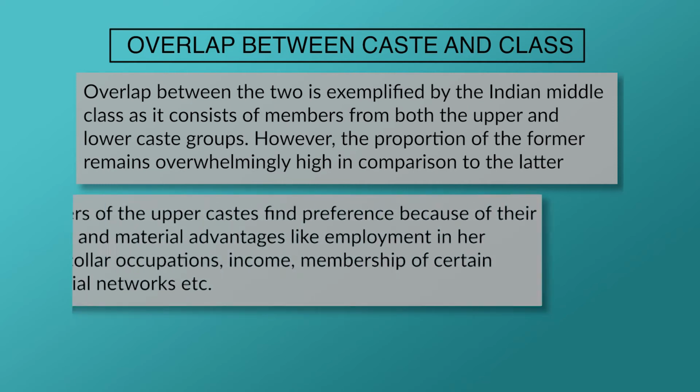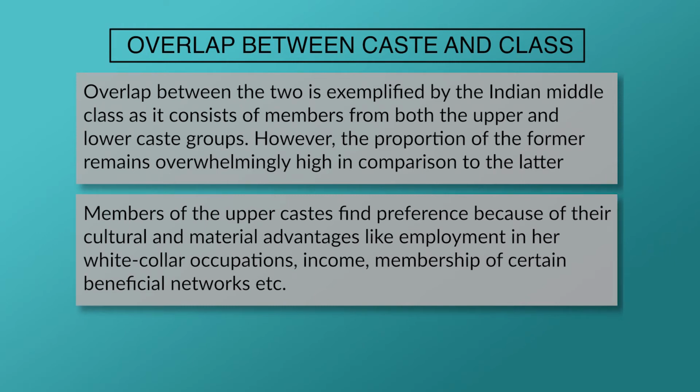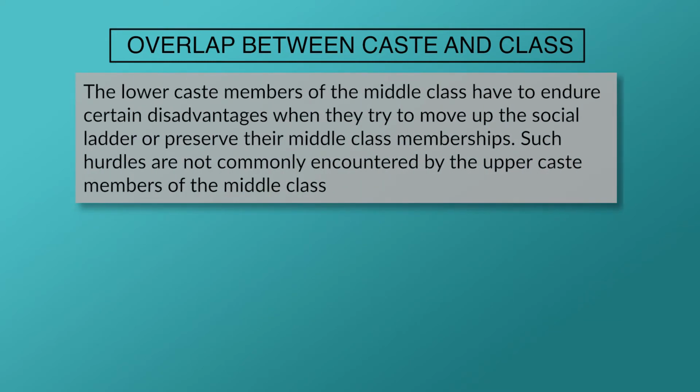Similarly, members of the upper castes find preferences because of their cultural and material advantages like white collar occupation, income, membership of certain networks, etc. Lower caste members who are part of the middle class have certain disadvantages and they find it difficult to move up the social ladder.